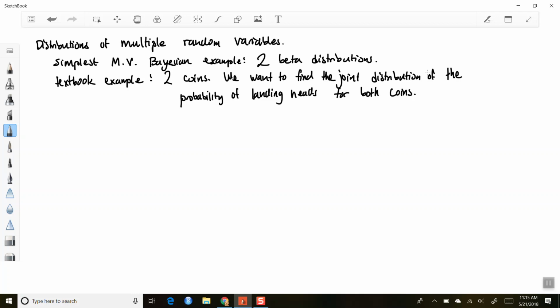Okay, so coin one has theta 1, and coin 2 has theta 2, theta being the probability it lands heads. Maybe it's 0.5, maybe it's 0.9, maybe it's something else.